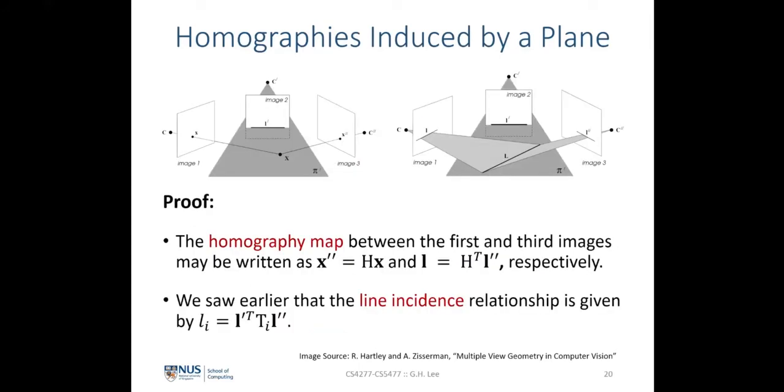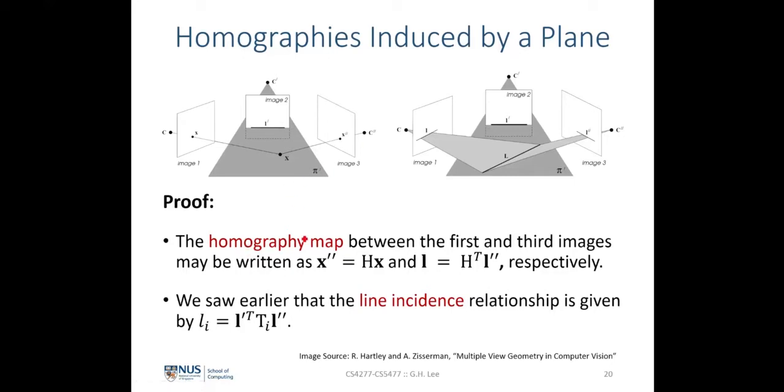Now we'll go on to prove that the homography between any two views is induced by the trifocal tensor and the back projected plane from the line correspondence in the third view.